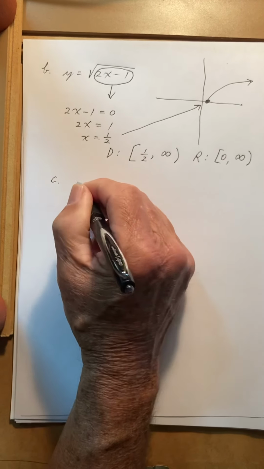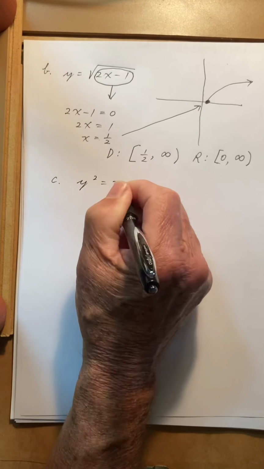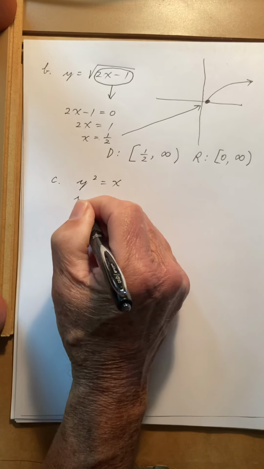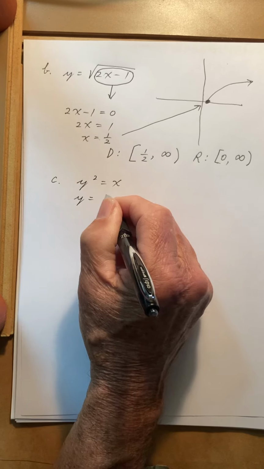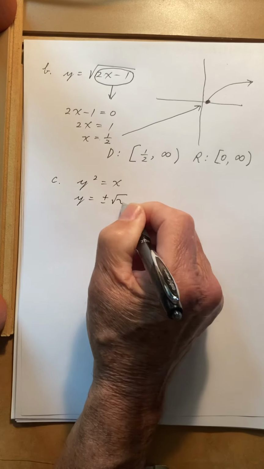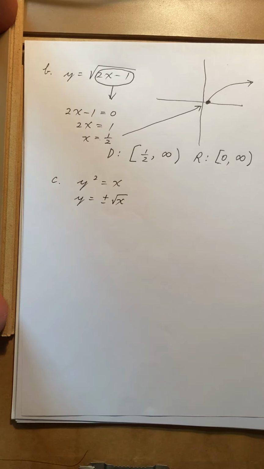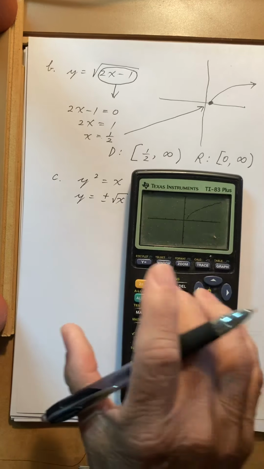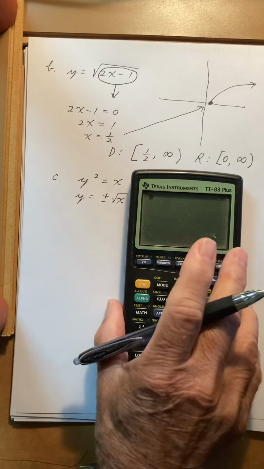For part C, we have y squared equals x. Solving for y, we get y equals plus or minus the square root of x. When we put this on the calculator, we do it in two parts. Let's clear this off.